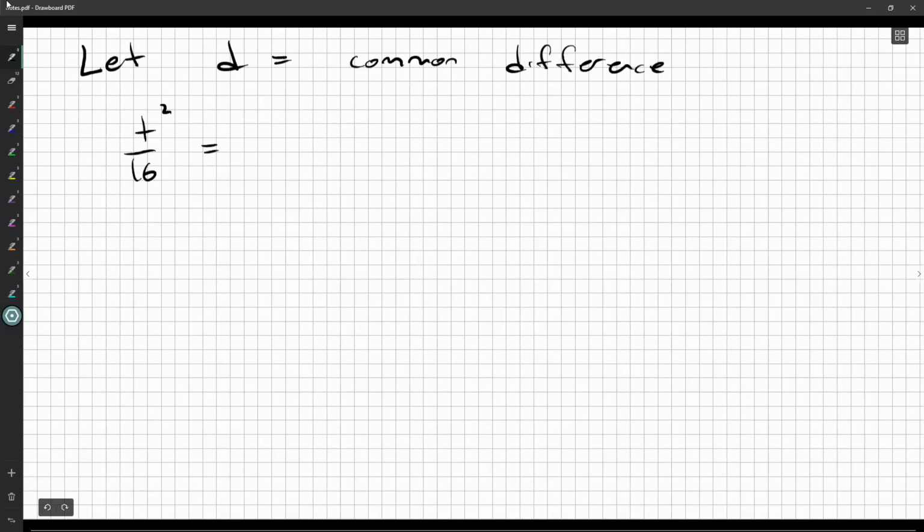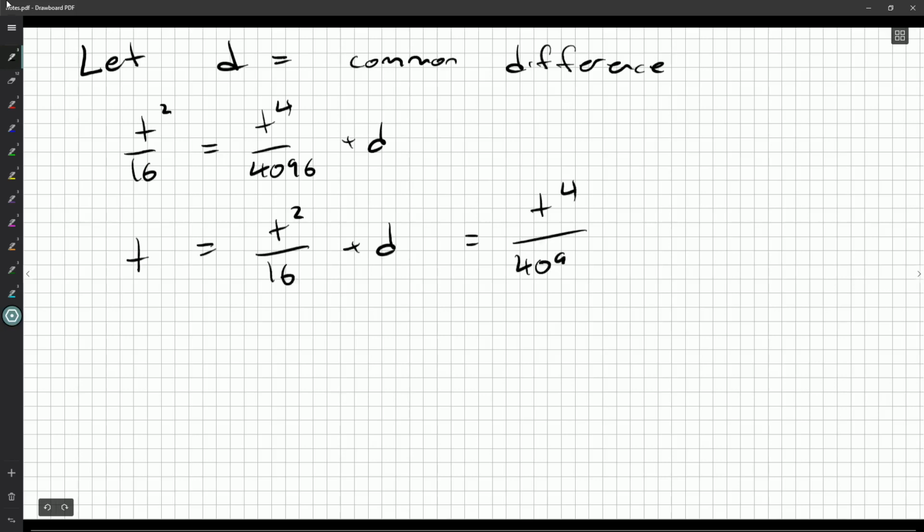So t squared over 16, the second term, is equal to the first term plus this common difference, and t is the second term plus this common difference, which could also be written as the first term plus 2 copies of this common difference, whatever the common difference is. Okay. So we've got 2 equations here and 2 unknowns, the d's and the t's. We should be able to solve this.